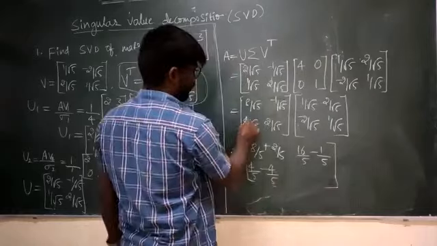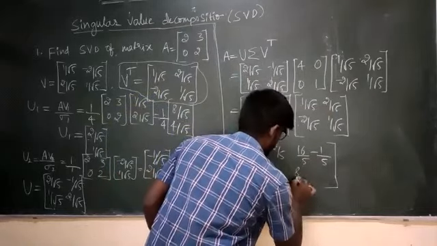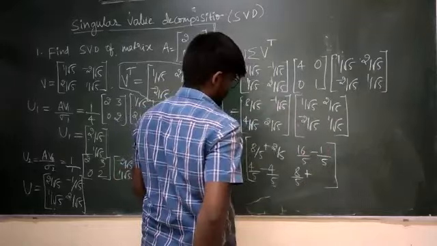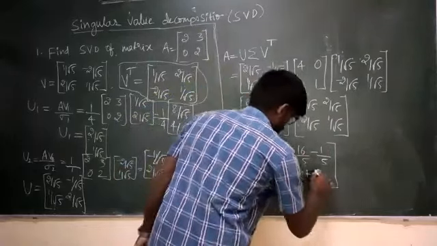Next, 4 into 2 is 8 by 5, and 2 into 1 plus 2 into 1 is 2 by 5.